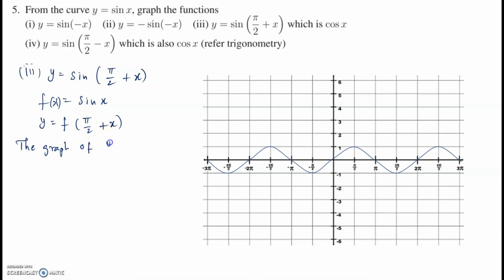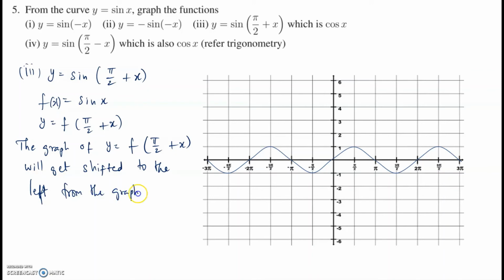So the graph of y is equal to sine of pi by 2 plus x will get shifted to the left from the graph y is equal to sine x. You can call this as y is equal to sine pi by 2 plus x. So let's just try and sketch it by shifting it pi by 2 to the left.